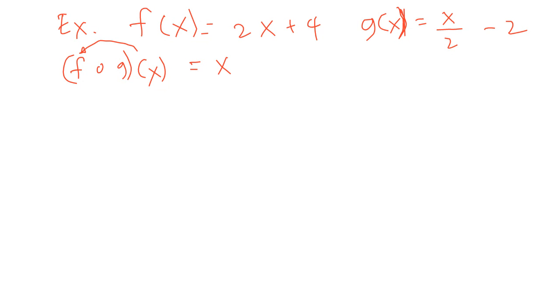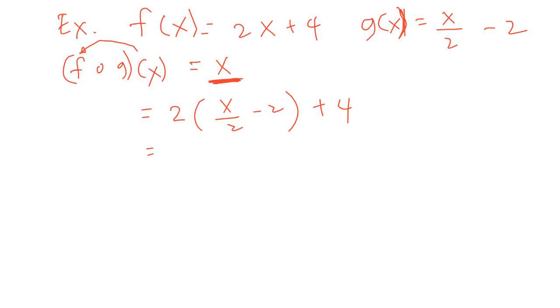So our g of x is x over 2 minus 2. So I will have 2 times x over 2 minus 2, plus 4.